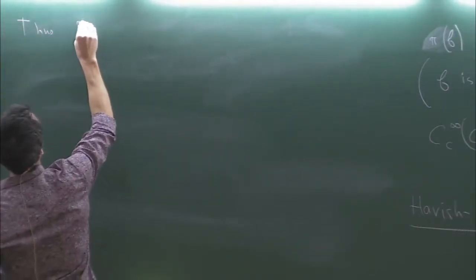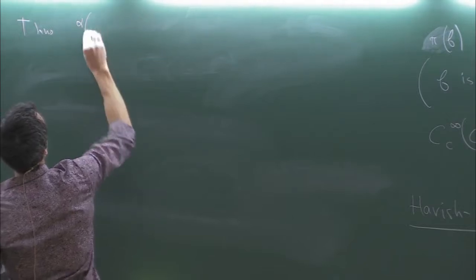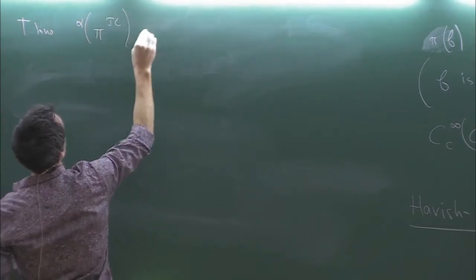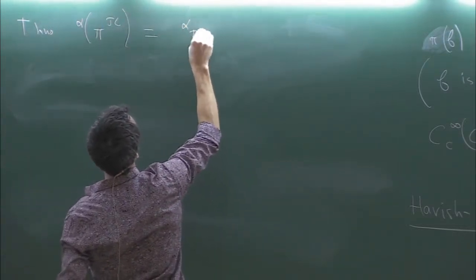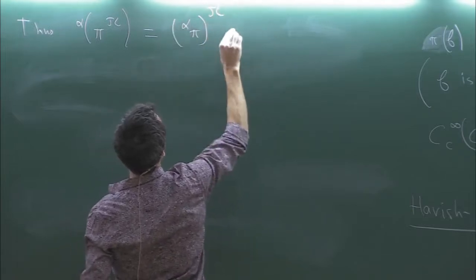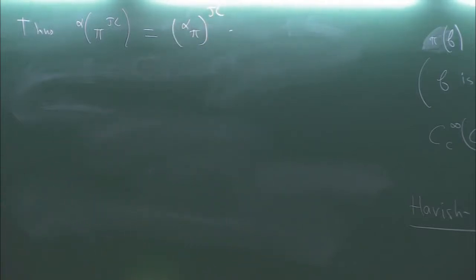Thus alpha pi GL is equal to alpha pi GL.